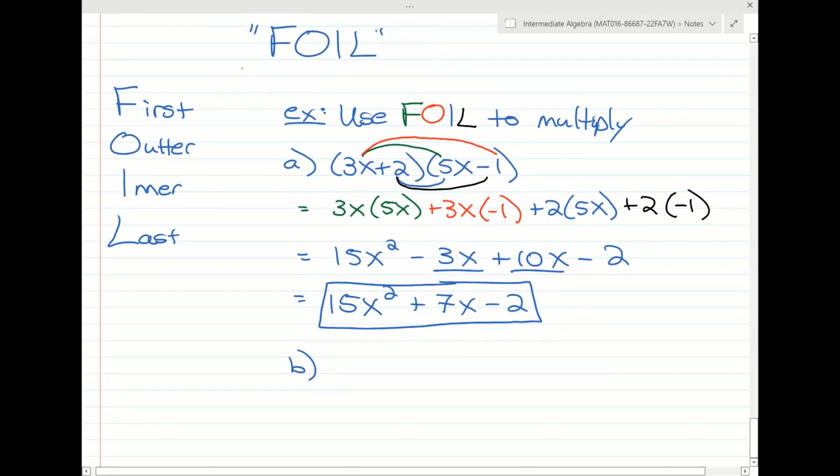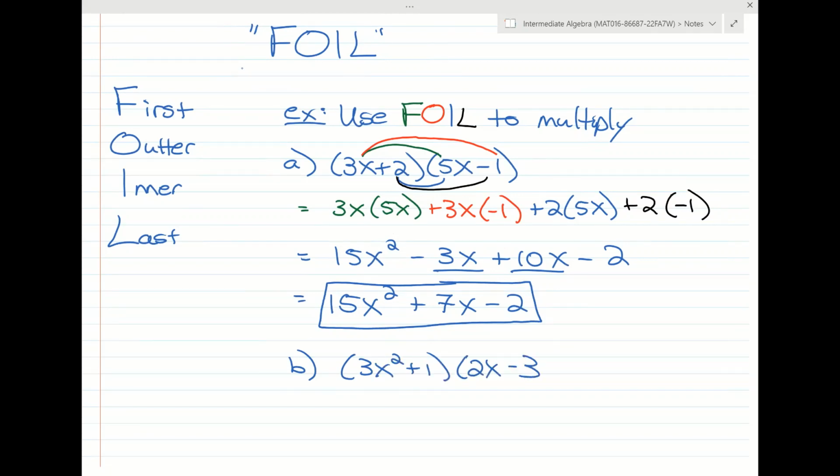I'm going to keep working through this here. What if we had 3x squared plus 1 times 2x minus 3?